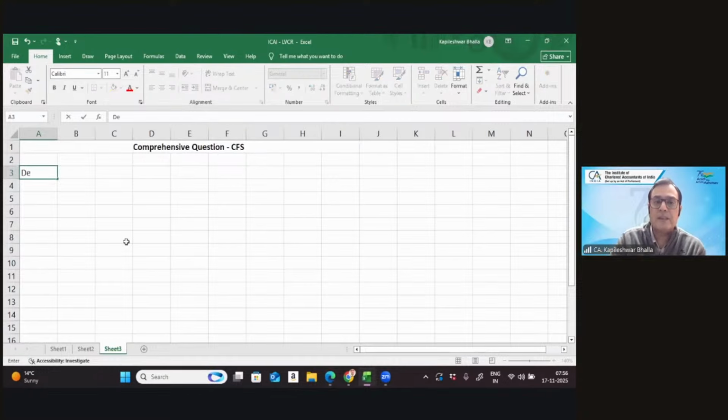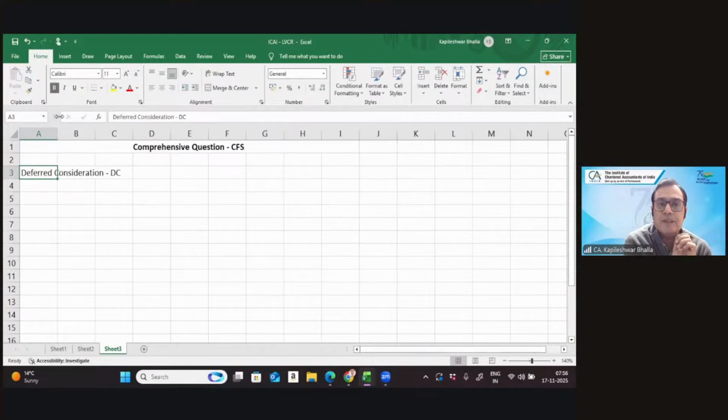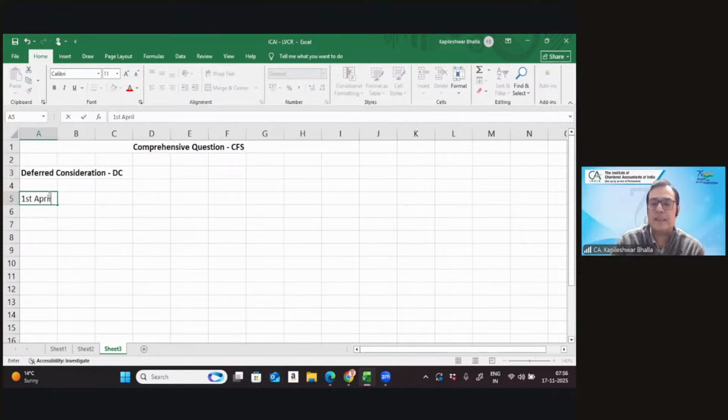So let us first of all deal with the concept of deferred consideration. So that is my DC. So let's first look at the computation of the DC. Let's go one by one on the dates.